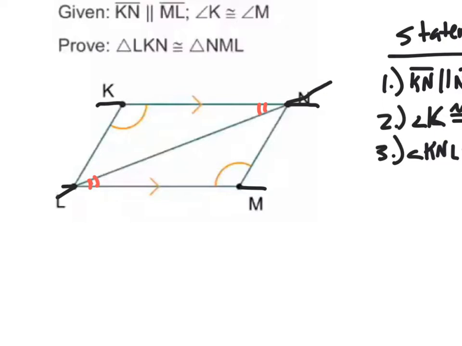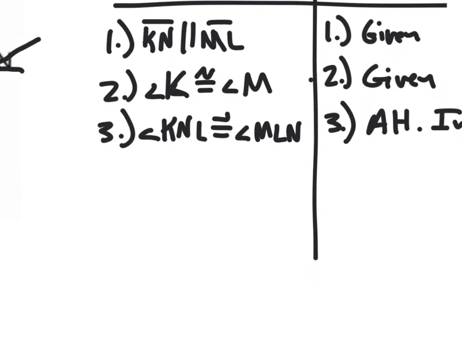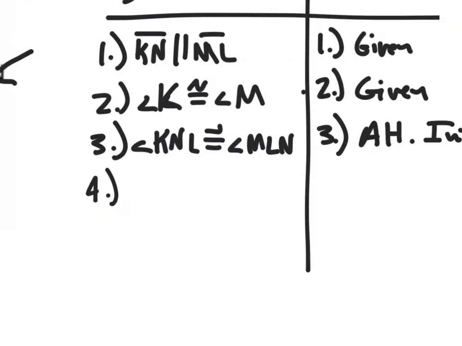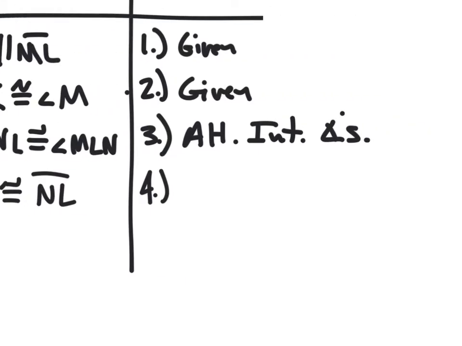However, we can say that NL is congruent to itself. So the fourth thing I can say is that NL is congruent to itself, NL. And the reason I can say that is the reflexive property.